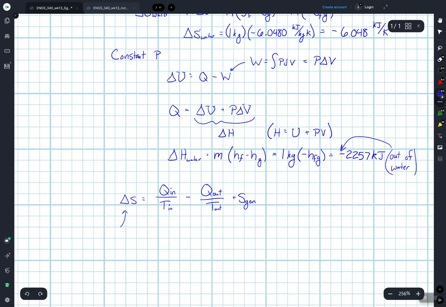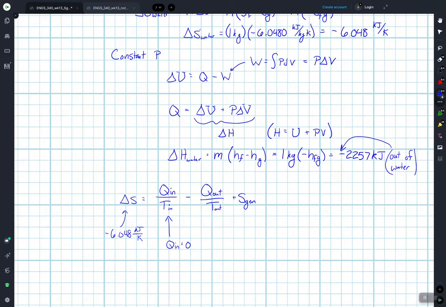So delta S is negative 6.048 kilojoules per Kelvin. That's how much the entropy of the water is changing. Q in is equal to 0. So there is no heat coming from some other source, some hotter source than the water, where heat is coming into the water.